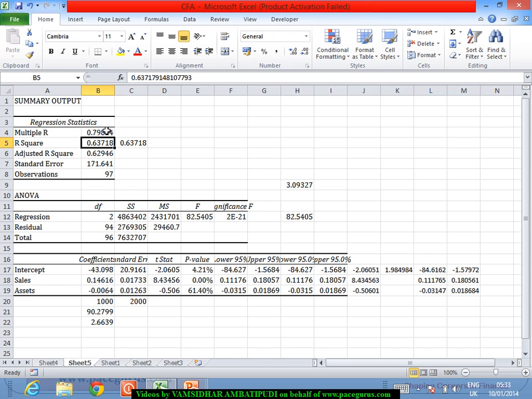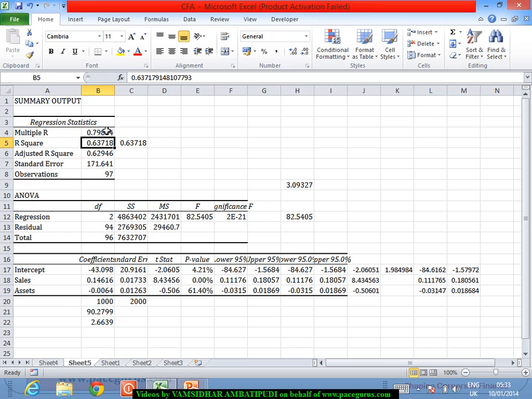There is a difference in the way the correlation is defined and the coefficient of determination is defined. Coefficient of determination comes from the variation, the sum of squares of deviations from the mean for the original data versus the fitted data. So whatever extent of the variation in the original data is taken care of in the fitted data is the extent of the coefficient of determination, which is r squared.